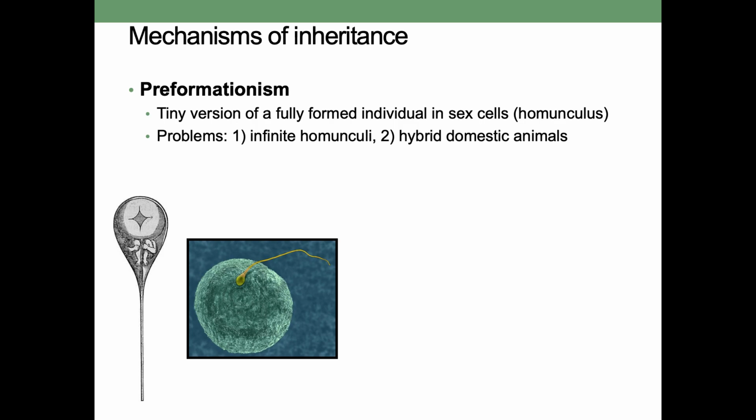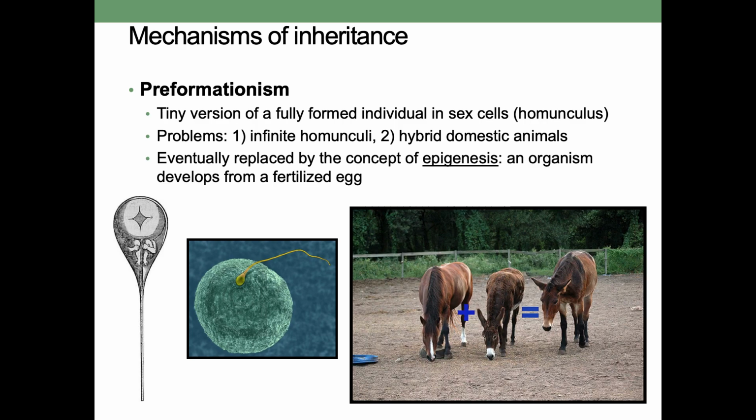The other interesting problem is that if preformationism was correct, it doesn't explain the presence of hybrid animals. So, for example, this is one classic example: if you have a horse and a donkey and they produce an offspring, you get a mule.